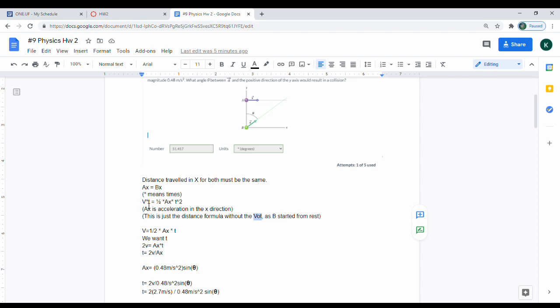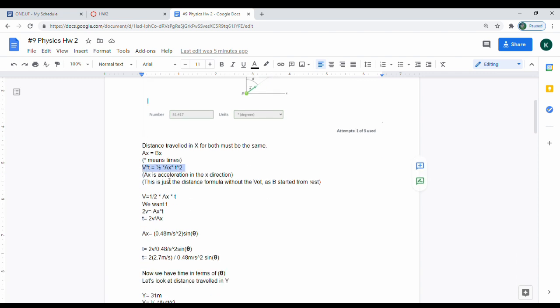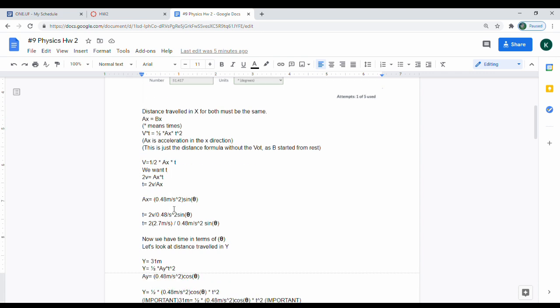So let's simplify this equation. We just divide both sides by t, so the t squared turns into t. We want to get t by itself, because we want the unknown, which is the time, on one side, since we know the velocity and we can find the acceleration.